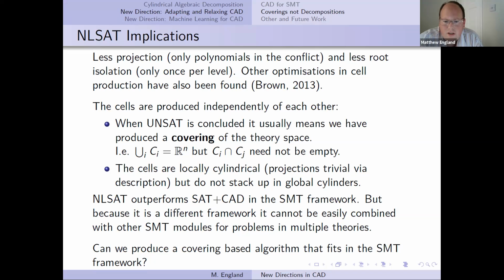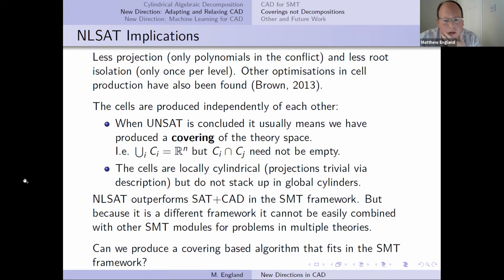So I said at the start, I wanted to emphasize that SMT is a framework for studying all kinds of different mathematics, not just nonlinear polynomial systems. And this NLSAT doesn't plug and play with the SMT solvers for problems in multiple theories in the way they would like.